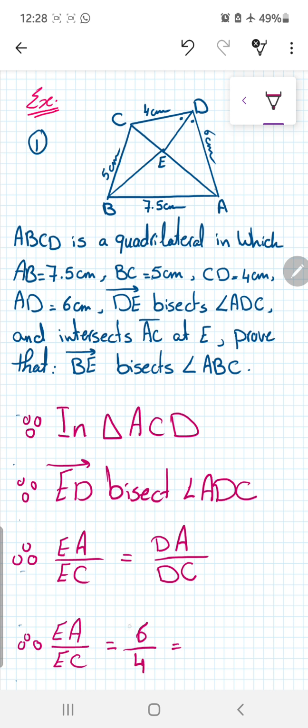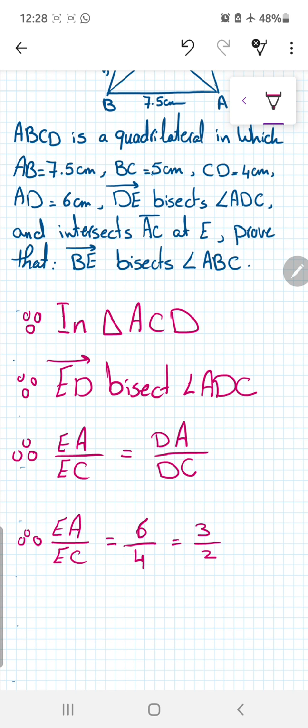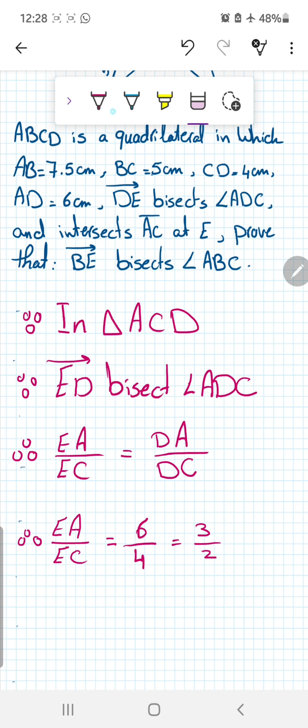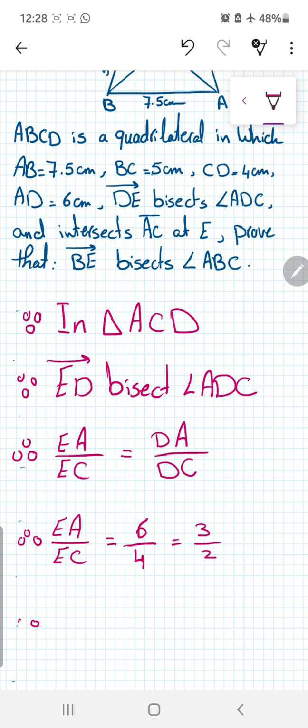By simplifying, it is 3 over 2. So the ratio between AE and EC is 3 over 2, and we call it number 1. Here we have EA over EC equals 3 over 2.